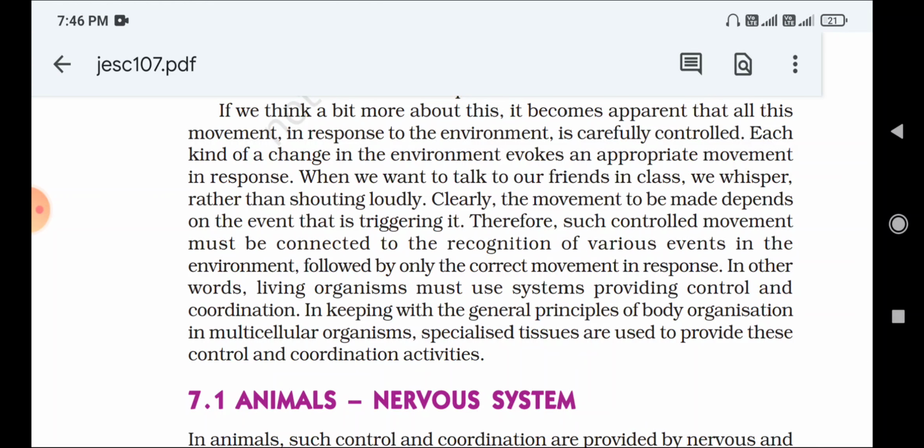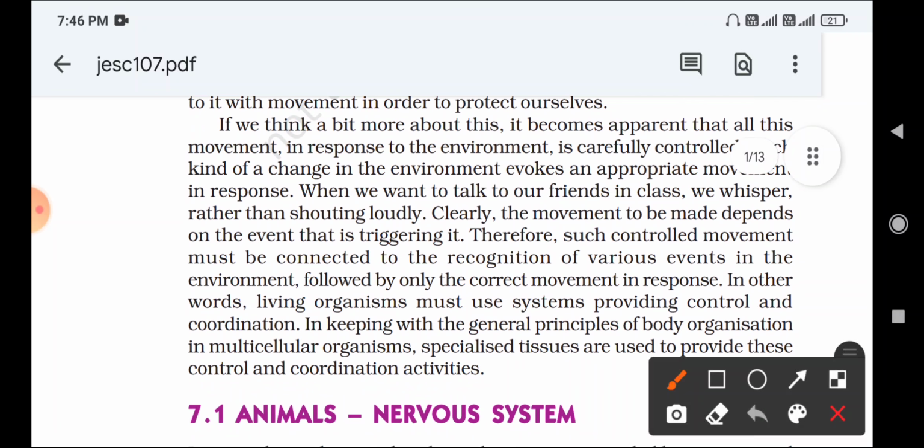If you think a bit more about this, it becomes apparent that all these movements in response to the environment are carefully controlled.